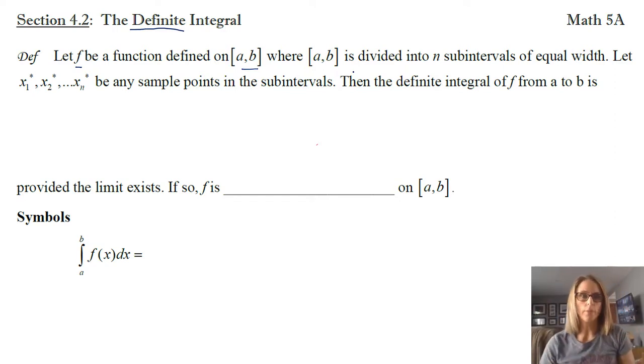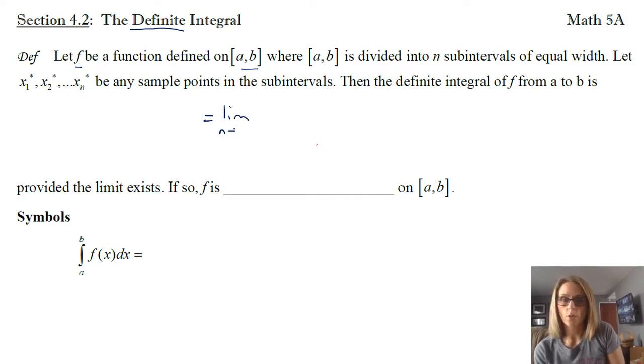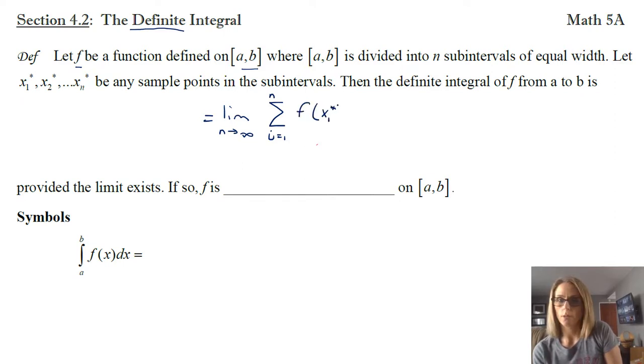Let f be a function defined on an interval where you divide that interval into subintervals, all of equal width. We let x sub i asterisk be any sample points. Then the definite integral of f from a to b is, and this is actually from the last section, the limit as n goes to infinity of the sum, using sigma notation, i equals 1 to n of f of x sub i asterisk times delta x.